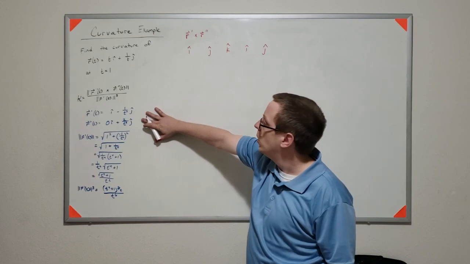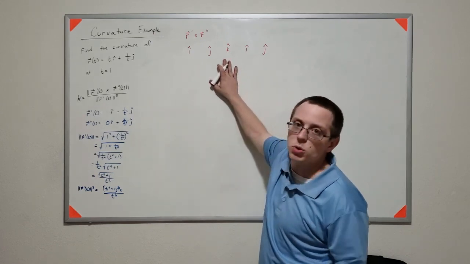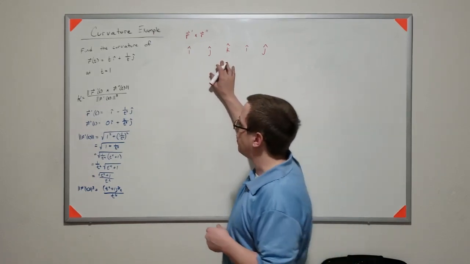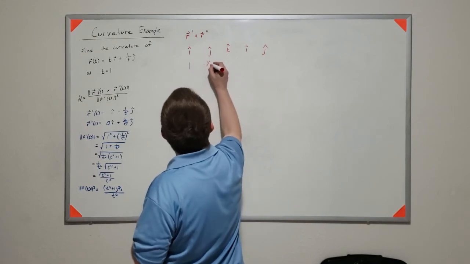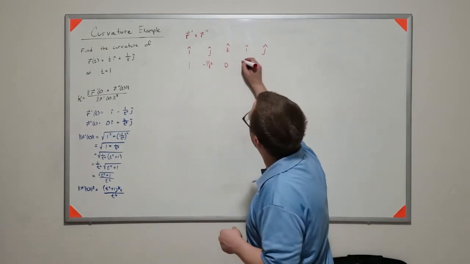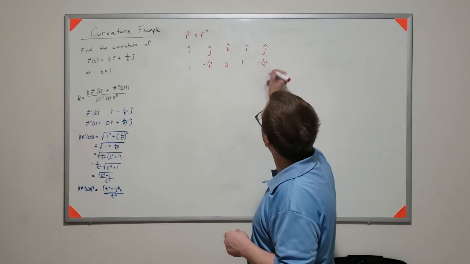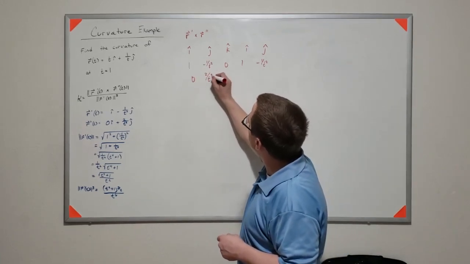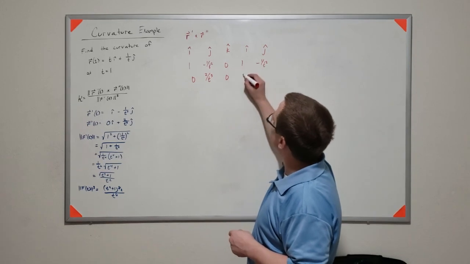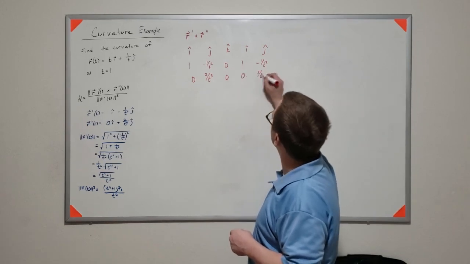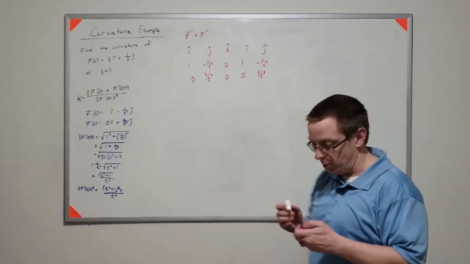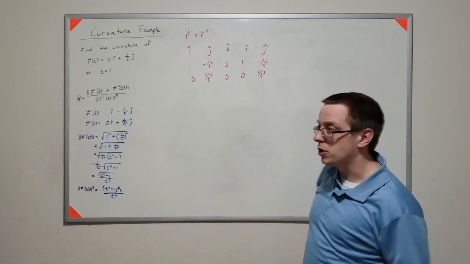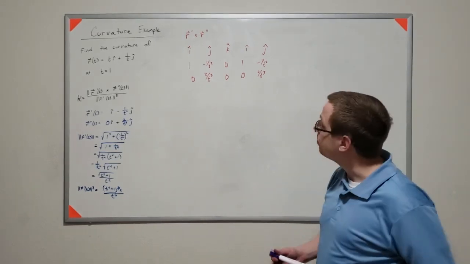We don't. So in these particular cases, we're just going to use 0 for the k component. So 1, negative 1 over t squared, 0, then 0, 2 over t cubed, 0 for k. So this is actually going to be fairly simple because there aren't that many things to put together.